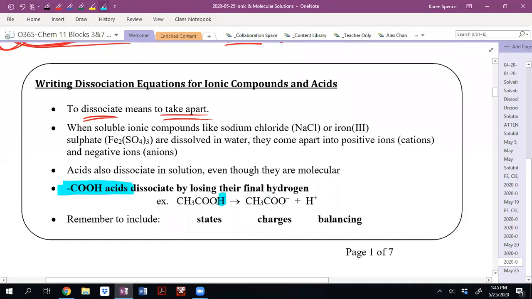It's that final H that comes off as an H+ ion, okay, which is a little bit odd. Don't forget to include your charges, your states, and your balancing.